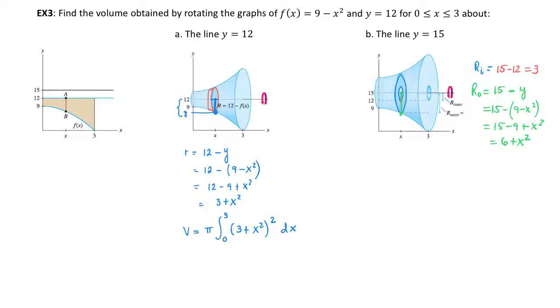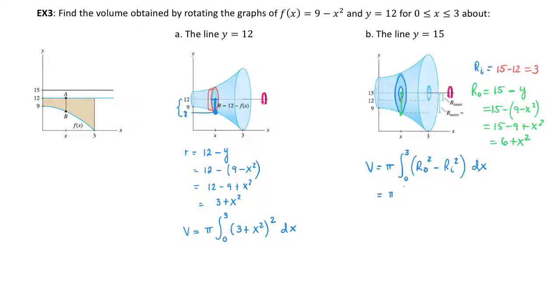So now that I have that, I can go ahead and start forming the volume. Then the volume will be pi, the integral from 0 to 3, of the outer radius squared minus the inner radius squared, all of this dx, because we are integrating with respect to x. All of these cross sections are perpendicular to the axis of revolution.